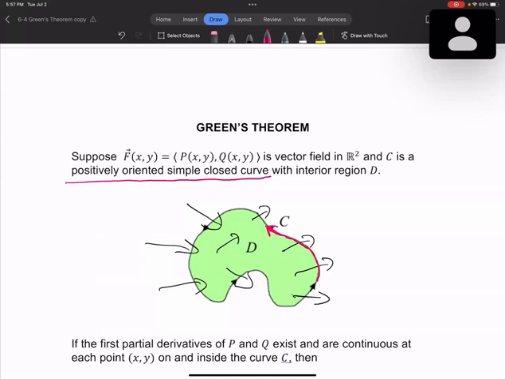Oh my goodness, I think I was saying everything backwards. If you move in the counterclockwise direction, the inside is going to be on the left. So the Green's theorem is in the positive orientation if it moves counterclockwise.